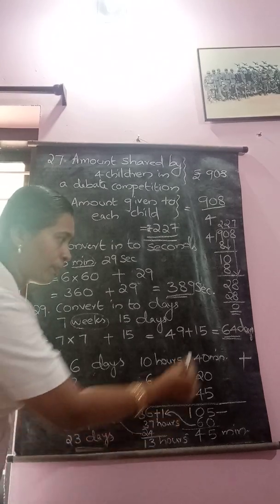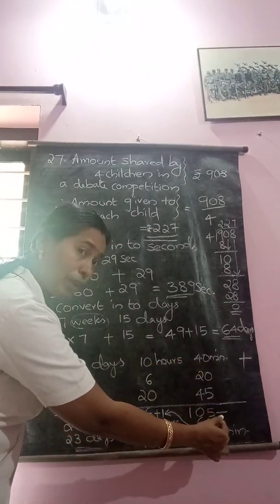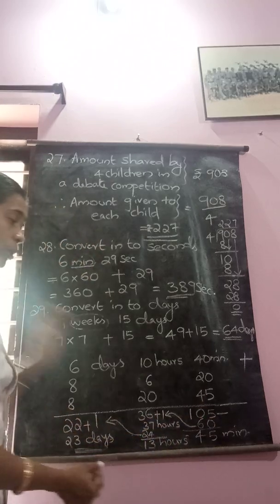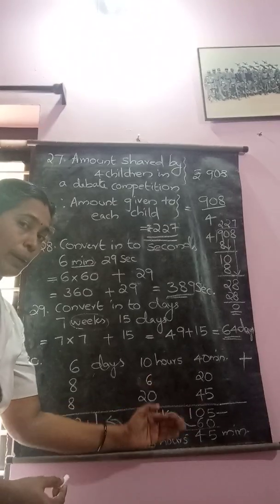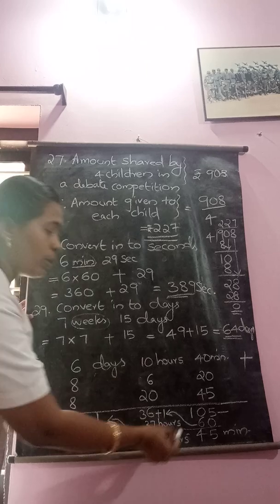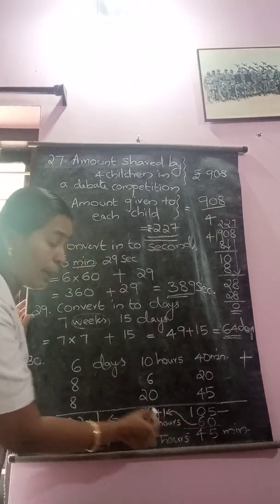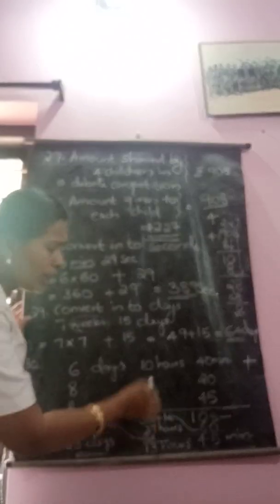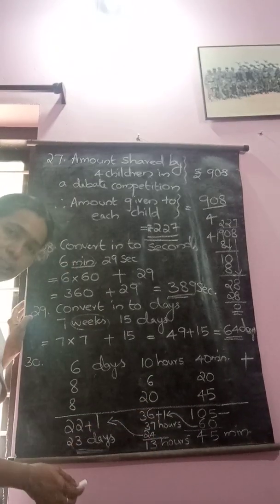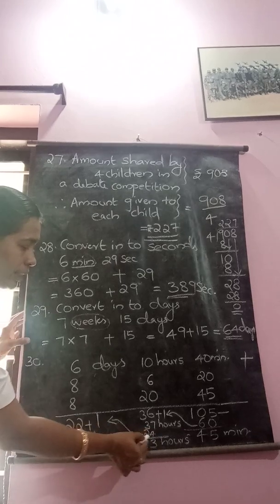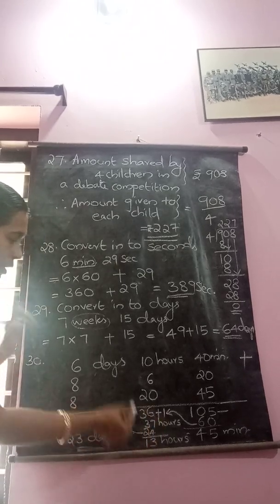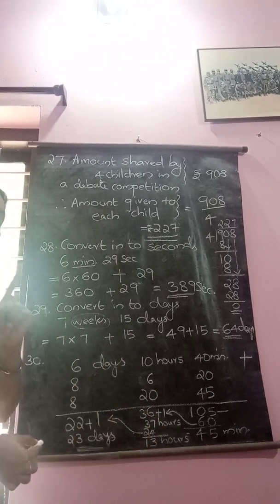See the conversion. Minutes actually 105 minutes. We have to subtract 60 and move it to this column. So after 60 subtraction we have 45 minutes. The 60 moved to this column becomes 1 hour only. So this total plus 1 is 37 now. Then take this again: 37 hours to days means 24 hours.